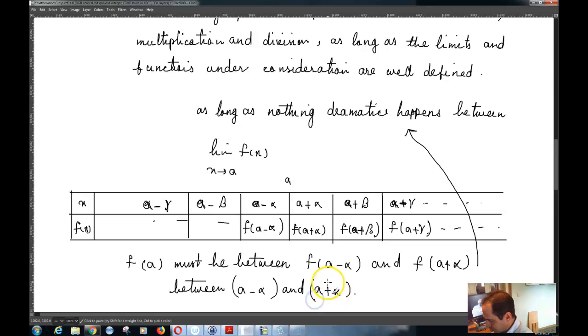Now there is a whole lot of detail in this sentence, as long as nothing dramatic happens between these two inputs. Right now we don't know much about it, and there are a whole lot of details that we have not learned yet, so we don't have enough information.